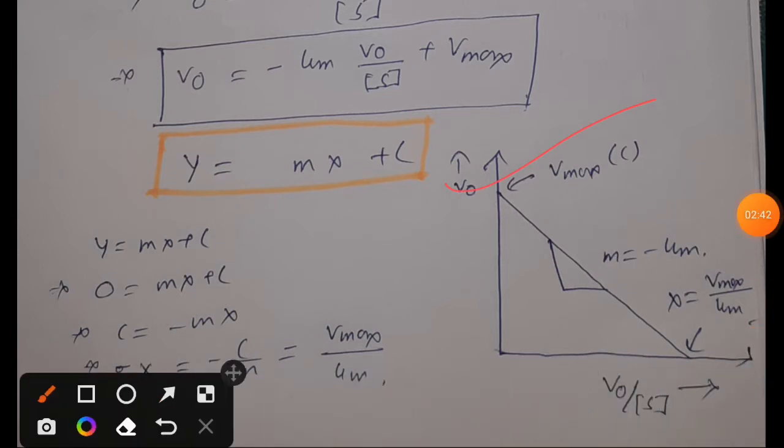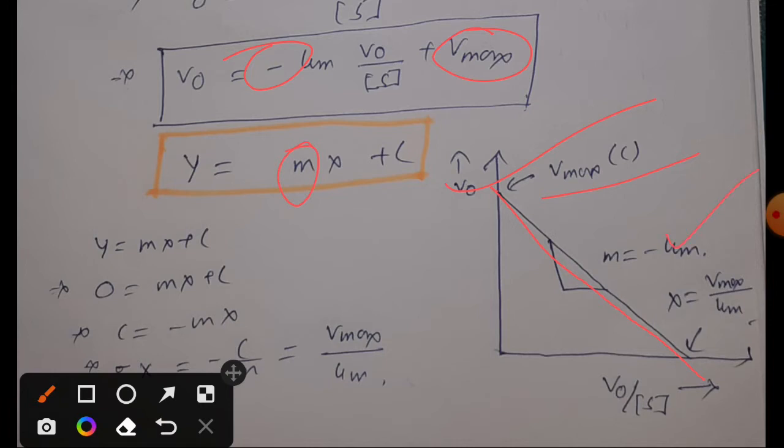Here the graph is this one, and as there is a minus sign in m, the graph slopes downward like this. The intercept on the y-axis is Vmax, and the slope, the value of m, is minus Km.